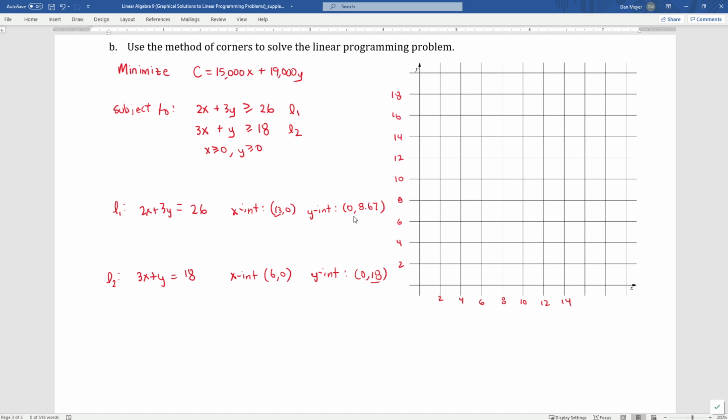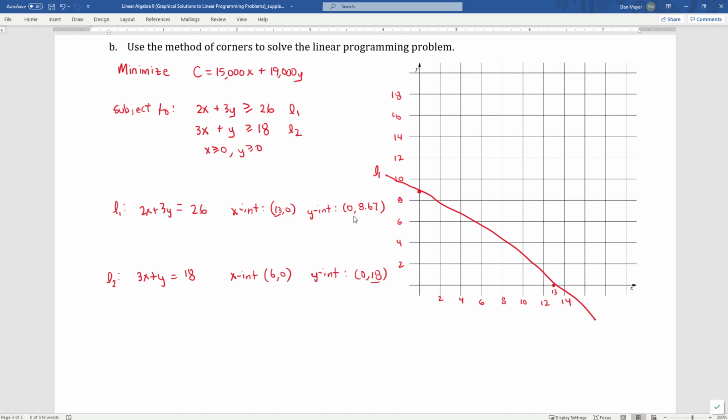Okay, so for this first line, we have an x-intercept of 13, right there, and a y-intercept of 8.67, which would be not quite halfway up there. And there's my line. That was the worst one yet. Line 1.